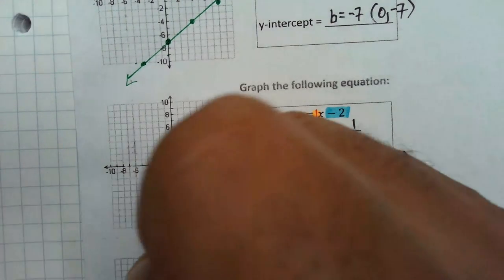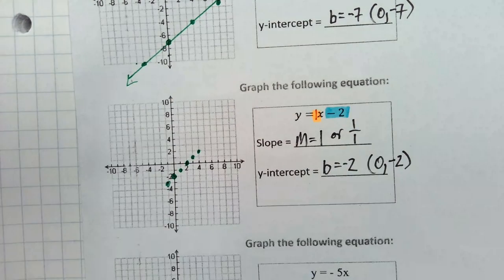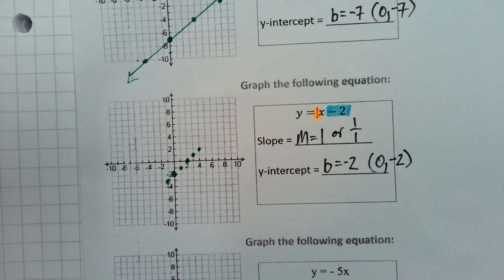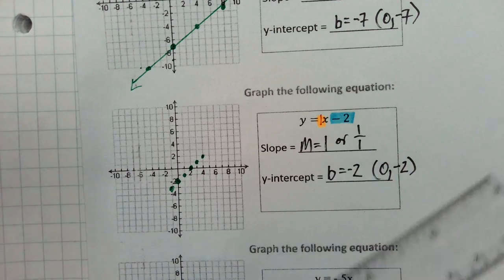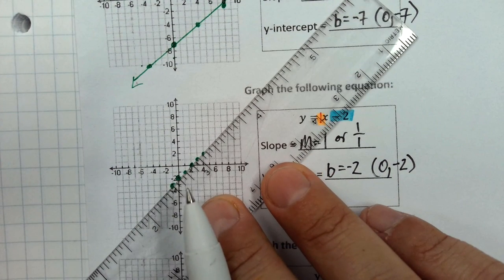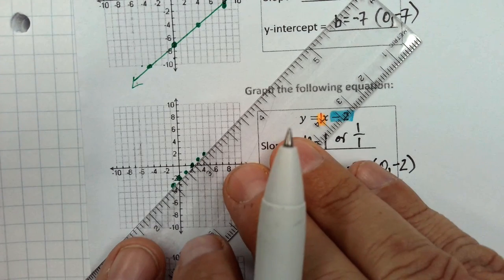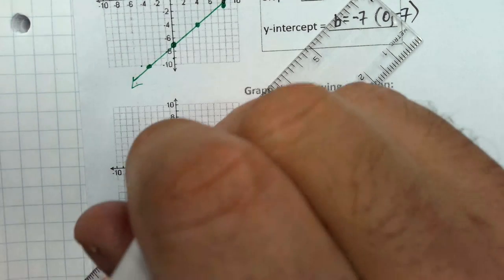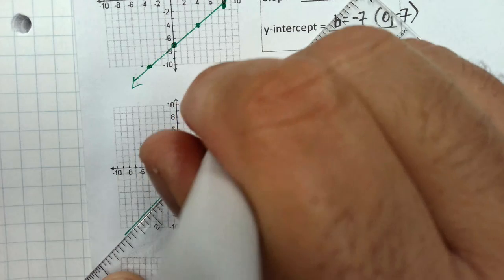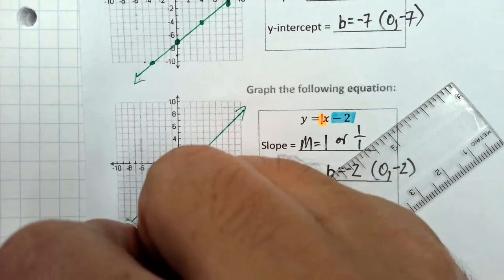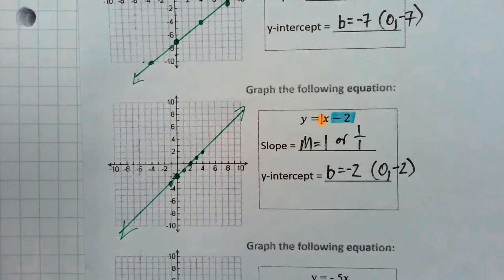There's one that way. And so we got a bunch of points. The more points, the more accurate your line tends to be. So here we go. That is the line for y equals x minus 2.